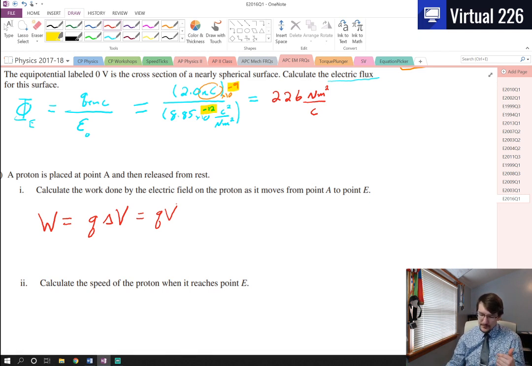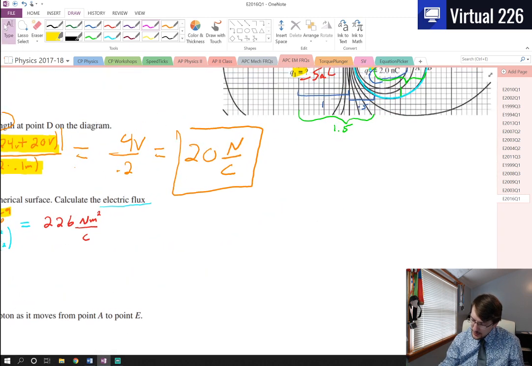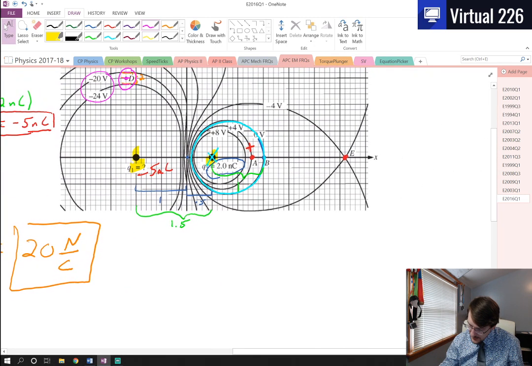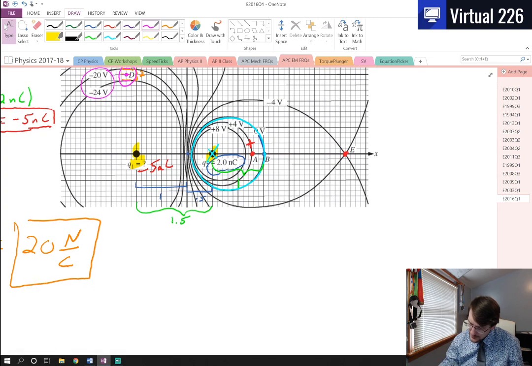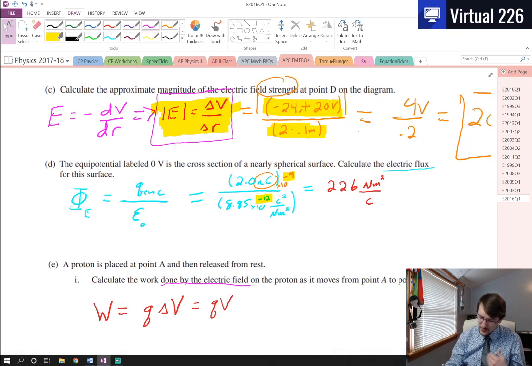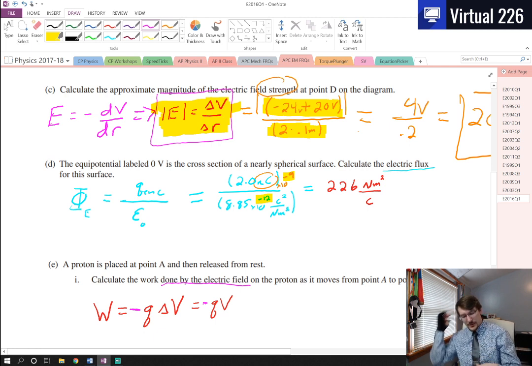Now, a technical way to think about this is our work is being done by the electric field. And since that work is being done by the electric field on our proton, we can think this is really a negative value, because this is the field doing the work.